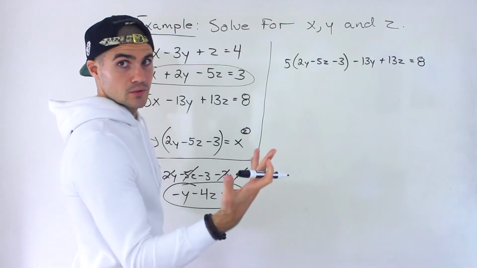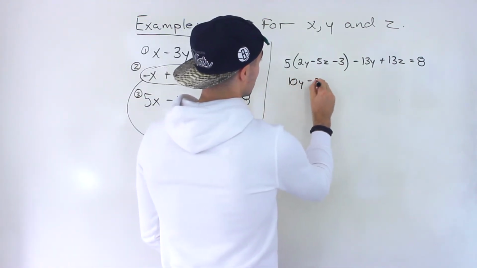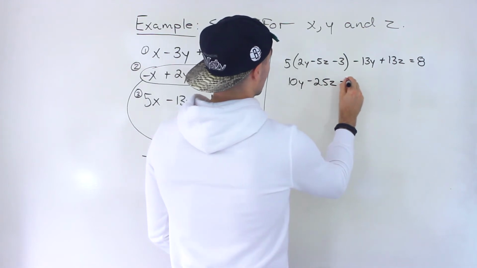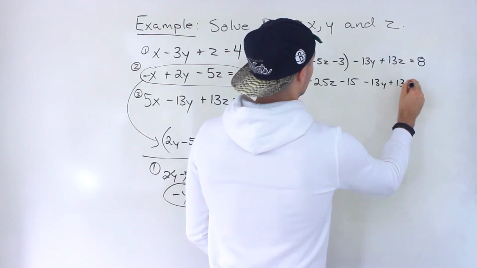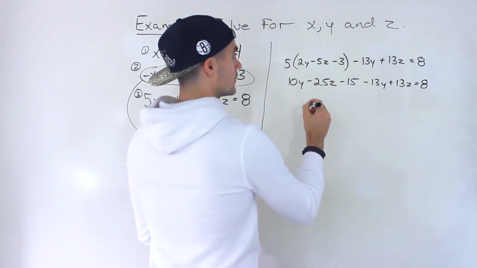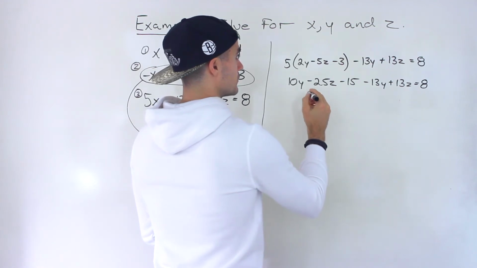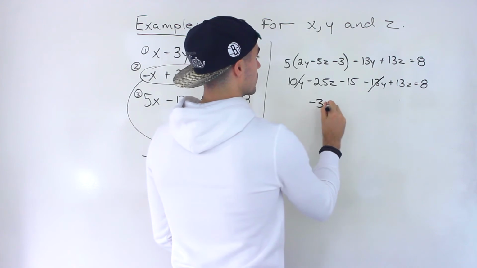And then from here, you want to simplify, so I'm going to distribute the 5 in the bracket. Like that. And then over here, we'll simplify this, so we'll have 10y minus 13y, which would give us negative 3y.